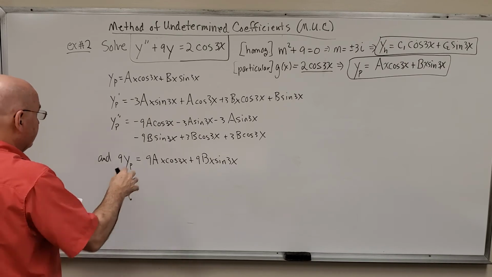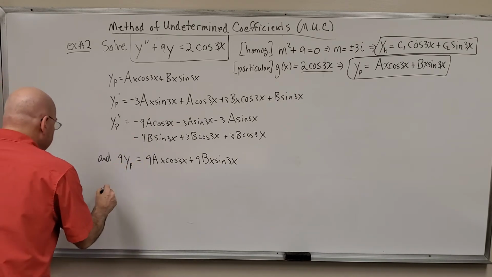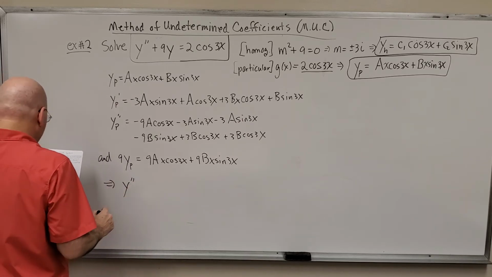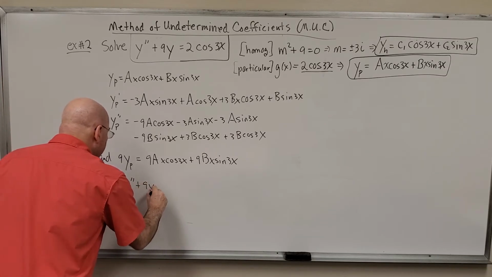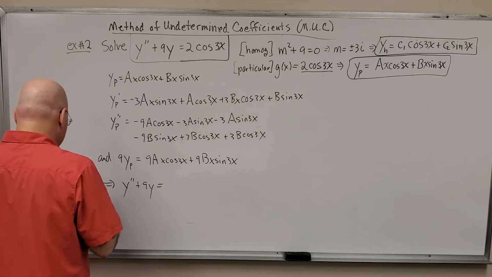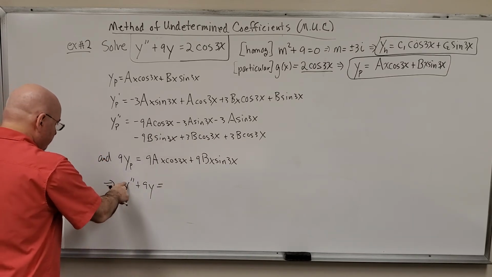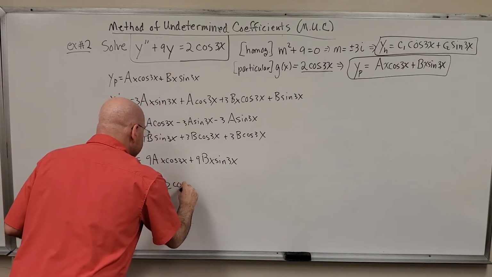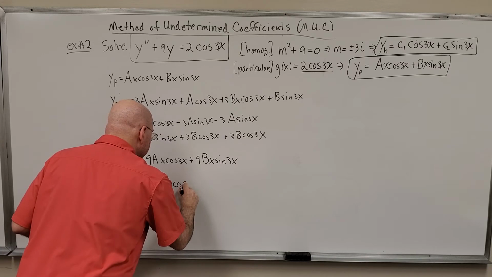And doing all the arithmetic here, we get y double prime plus 9y, which equals 2 cos 3x.